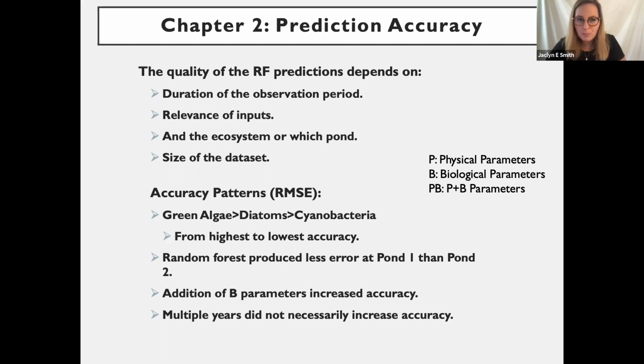The addition of these biological parameters seemed to increase the accuracy for the most part across all the groups and both ponds. Similarly, multiple years didn't necessarily increase the accuracy. The accuracy of 2017 or 2018 wasn't necessarily increased when we decided to run them together.